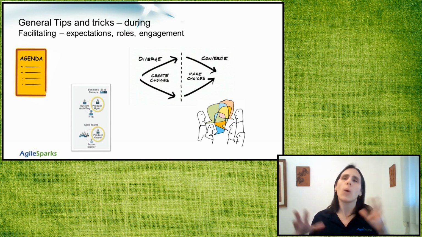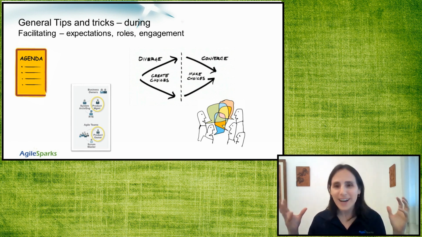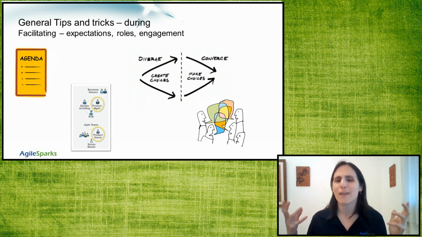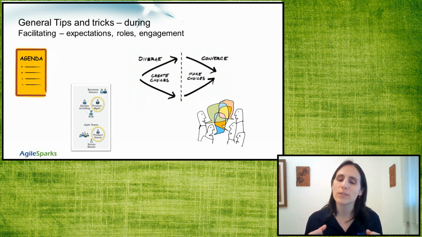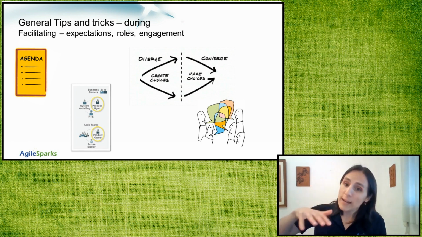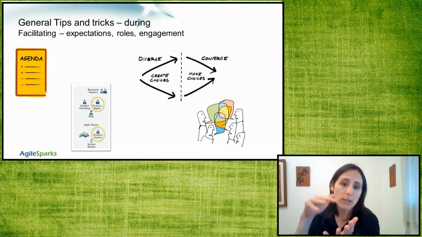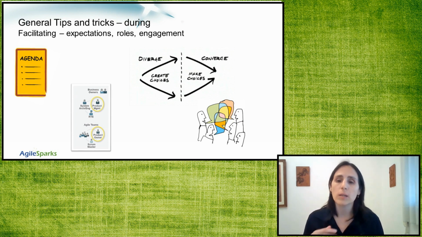Sometimes it's like, wow, we have so many options. Oh my God, how are we going to do this? It could be a bit overwhelming. It's a good thing, but it could be a bit tough for some. And then the latter part of the story mapping session is going to be the converging, okay, making those decisions, making those priority calls.